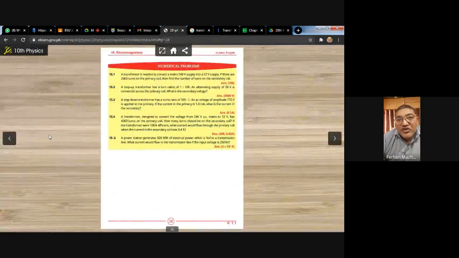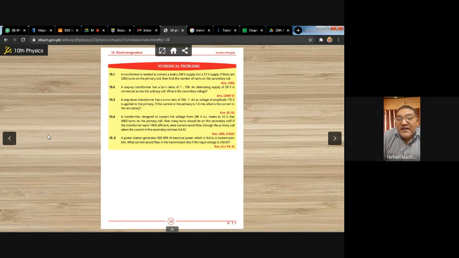Okay, so that was numerical number 15.2. Now we will go to numerical number 15.3. A step-down transformer has a turn ratio of 100:1. So try to understand this sentence. A step-down transformer.